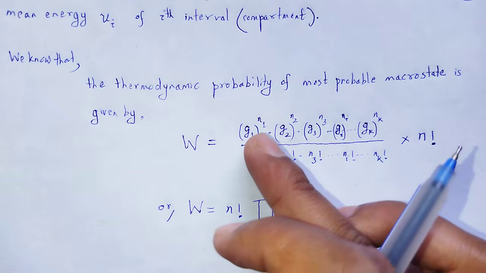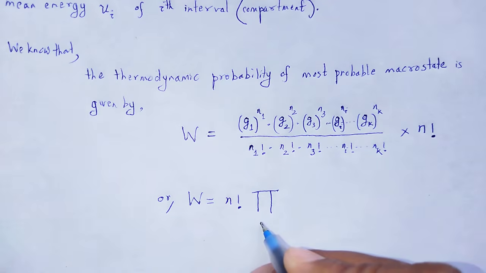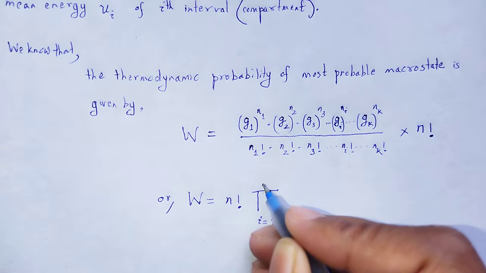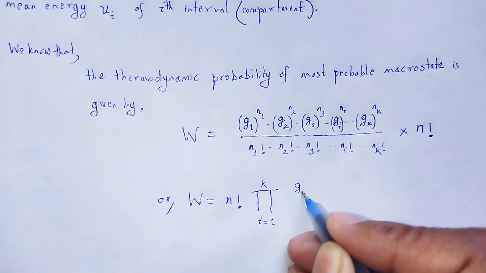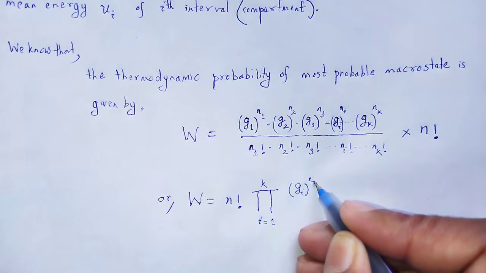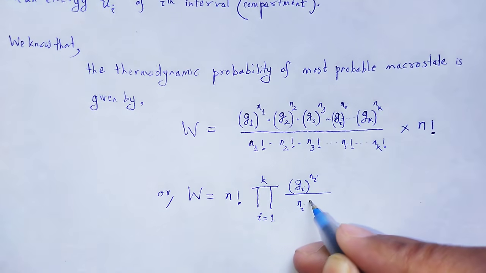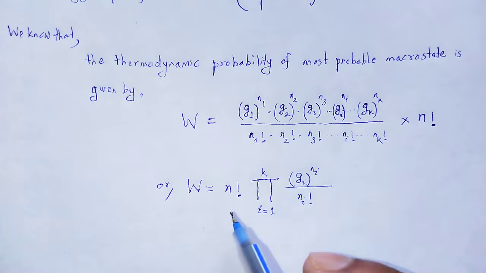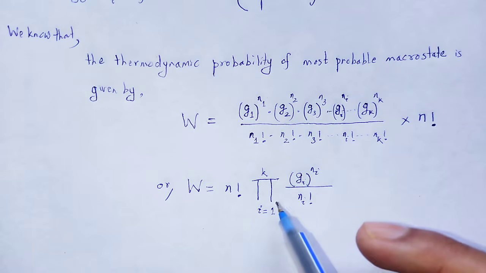Similarly for multiplication we use the multiplier, from i equal to 1 to k, Gi to the power Ni divided by Ni factorial. That entire term is now written in terms of multipliers.